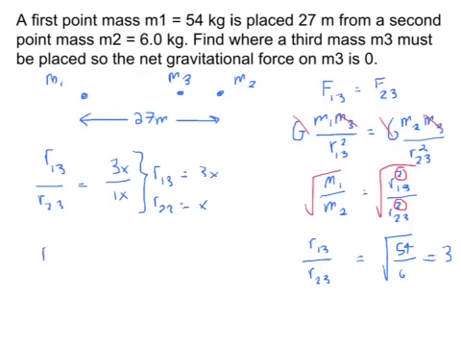So if r13 plus r23 is equal to 27, I can replace r13 with 3x, and r23 with just x, and I get 3x plus x equals 27, or 4x equals 27.